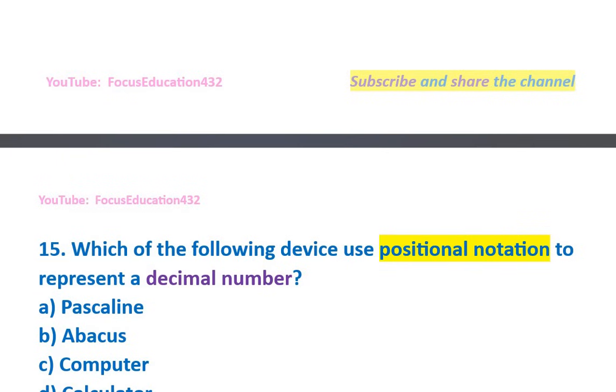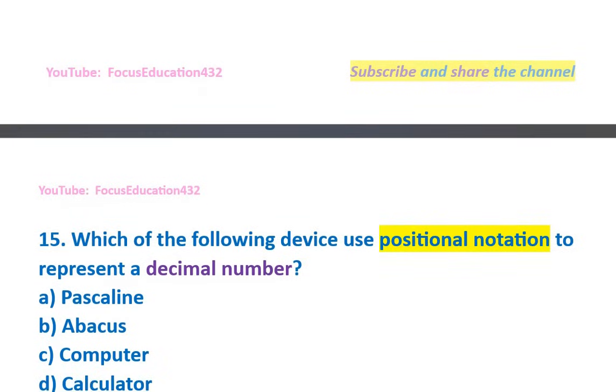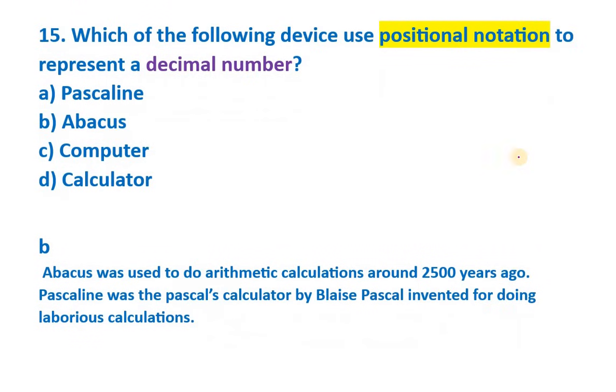Now, which of the following devices used positional notation to represent a decimal number? The old method for decimal numbers, where the point is moved for calculation, some very old technology, is known as the abacus.